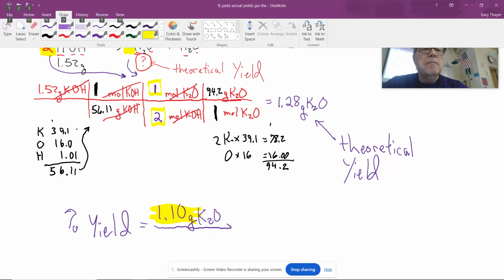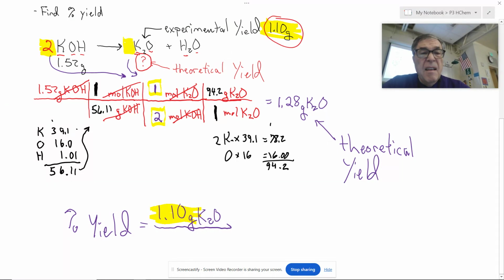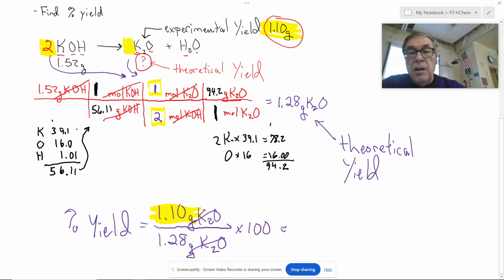And we're going to divide that by 1.28. The units, of course, cancel out because percentage, weirdly enough, the units always cancel out. Of course, don't forget to multiply by 100. That's what makes it per 100.